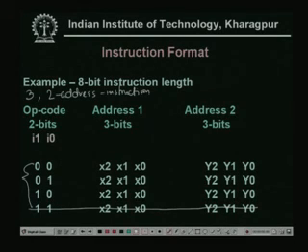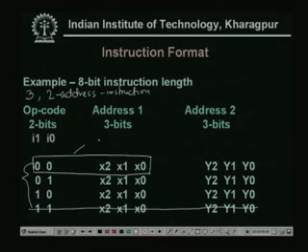Now, say I am representing this in a different way, as if these 2 opcode bits and the first 3 address bits, the first address, we take together, and this becomes a 5-bit opcode.